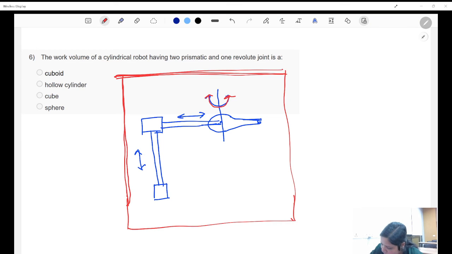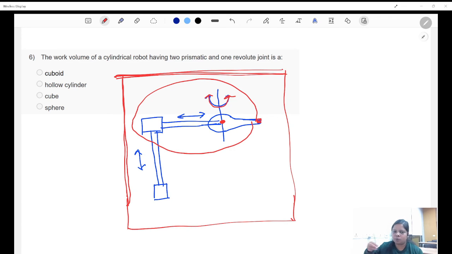Now, this revolute joint will help us to place the end effector position rotating around in a circle, right? So you have this planar structure coming from the two prismatic joints, and then you have this revolute joint that helps you span a circular motion around one of the axes.